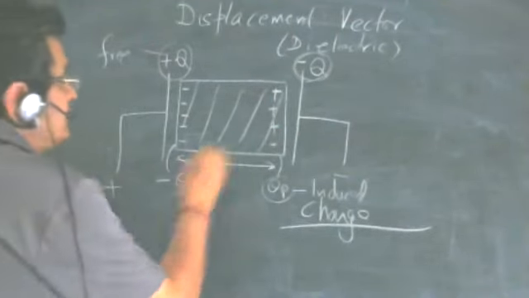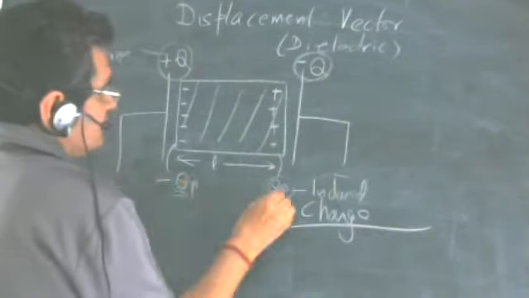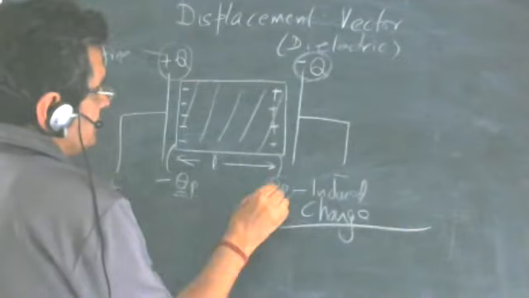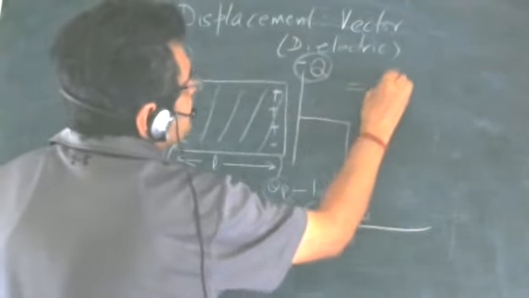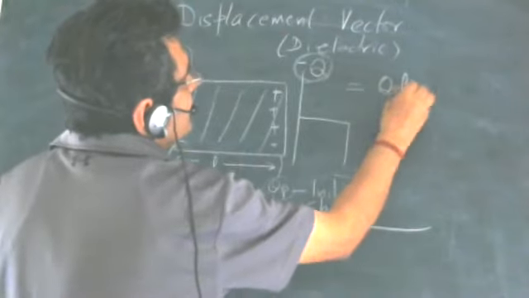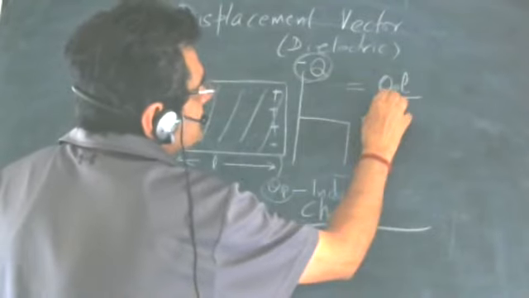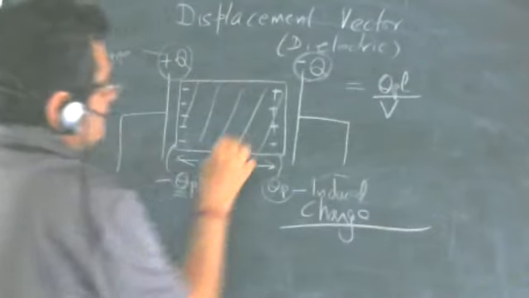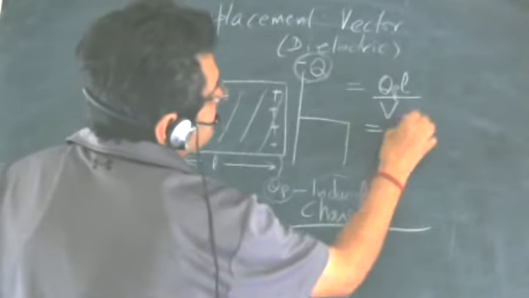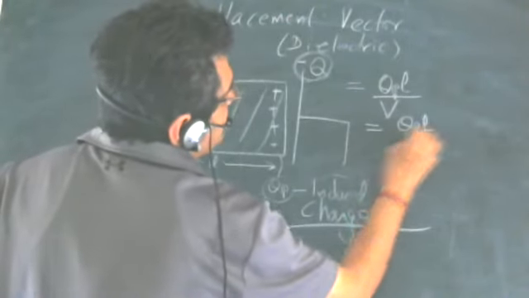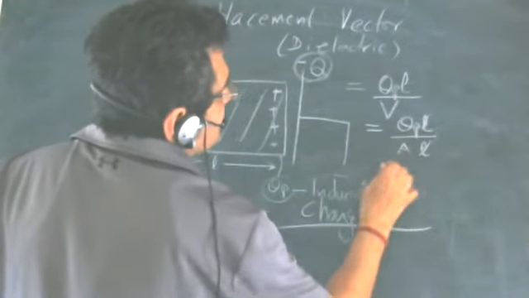Now, if you take this dielectric as a whole, what is the dipole moment because of this QP and minus QP? The dipole moment is QP into L. And if you divide this dipole moment by volume, if V is the volume of the dielectric, you get QP L upon A into L. This gets cancelled.